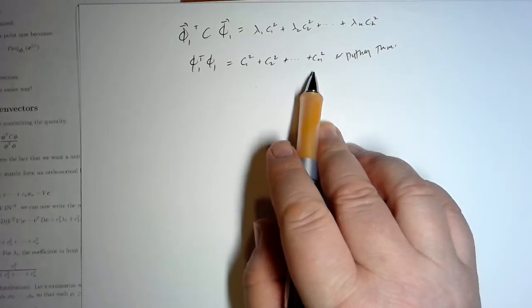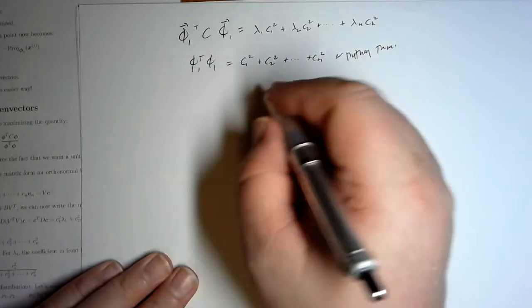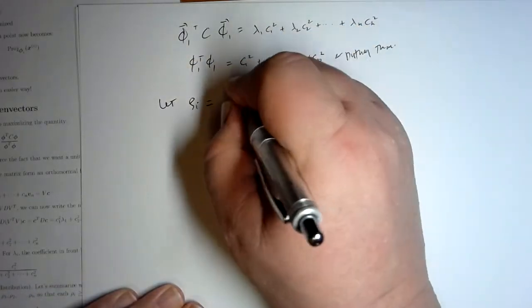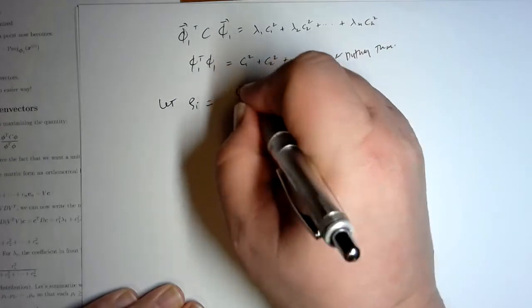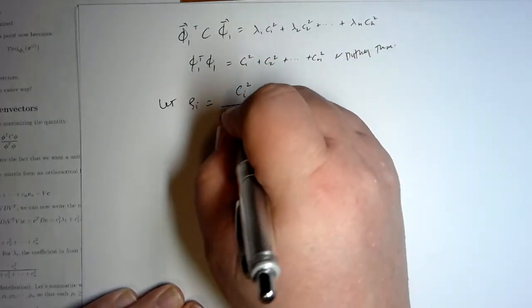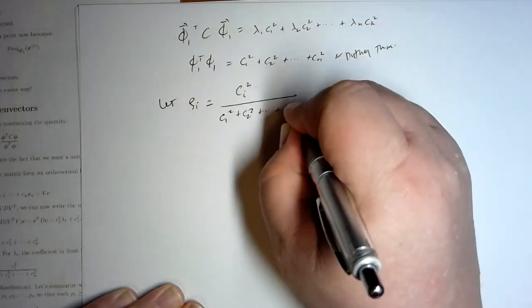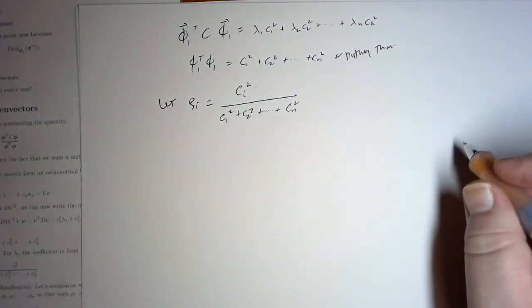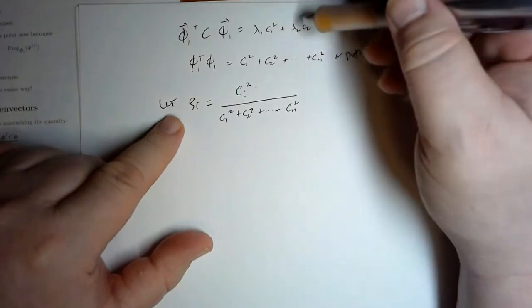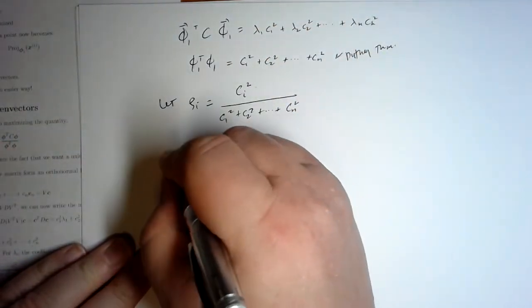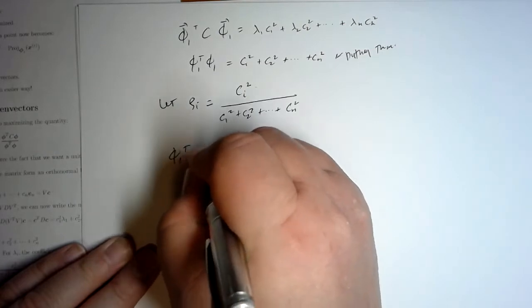And so we have, let's let rho i be equal to Ci squared divided by C1 squared plus C2 squared plus Cn squared. So what happens when I factor this out? I can take phi1 transpose phi1.